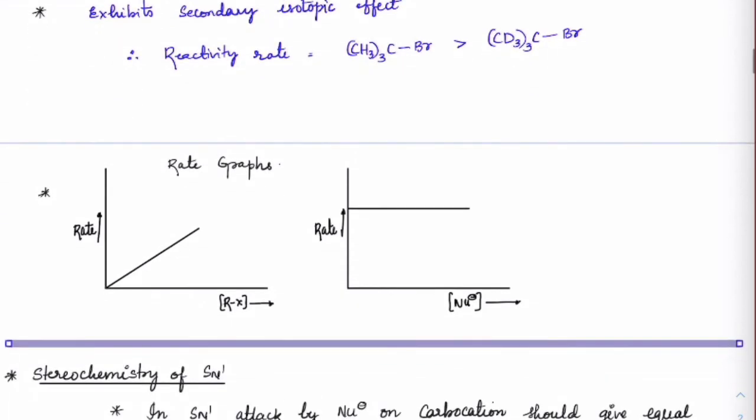Keep writing that. And you can see how the rate is changing with respect to the concentration of alkyl halide. As the concentration of alkyl halide increases, the rate would increase, because the rate depends only on the substrate concentration. Since it is independent of nucleophile concentration, the rate would be constant.